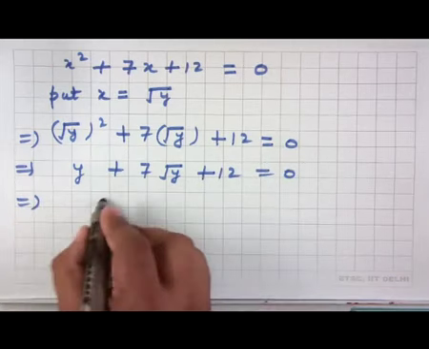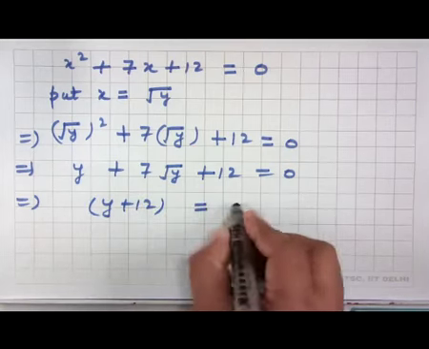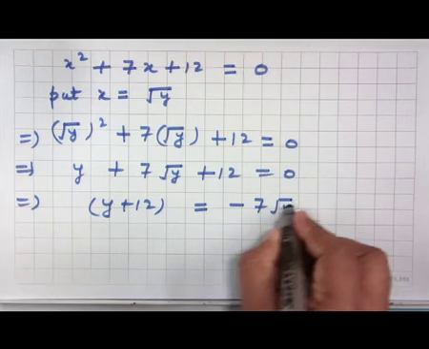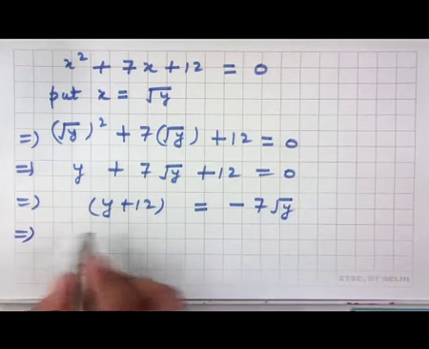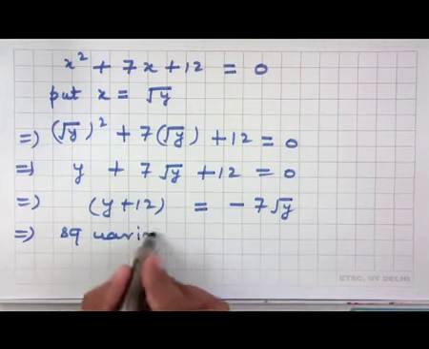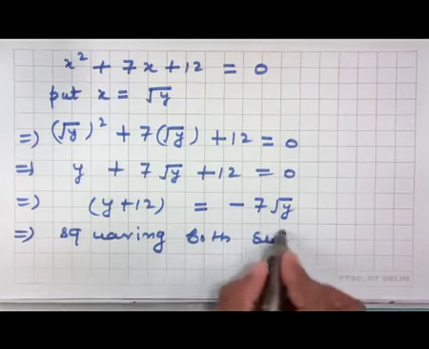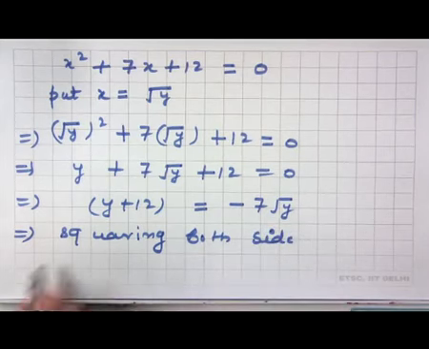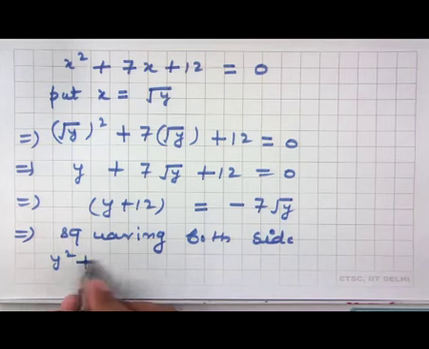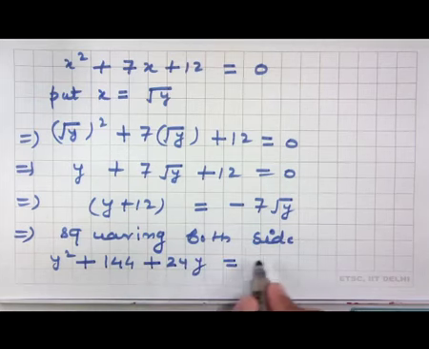It will be y plus 12 equal minus 7 root of y. Squaring both sides, it will be y square plus 144 plus 24 of y equal 49y.